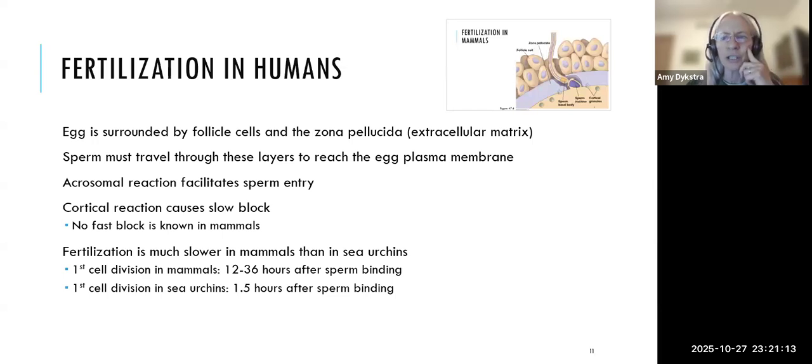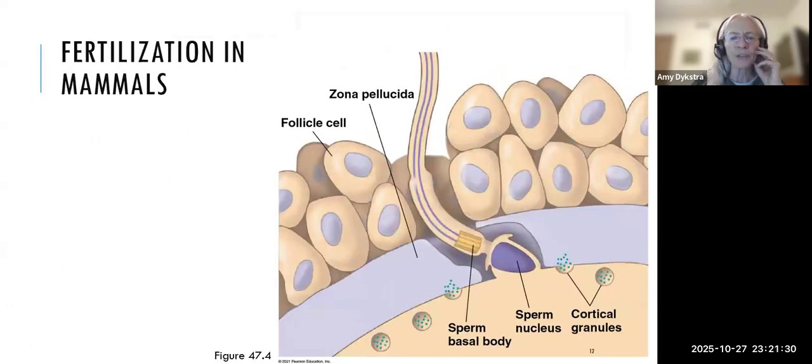But in sea urchins, it only takes 1.5 hours after the sperm binds. I'm not really sure why this is true, but that's another difference between fertilization in mammals and fertilization in sea urchins. Okay, so just one more look at the full-size picture here.